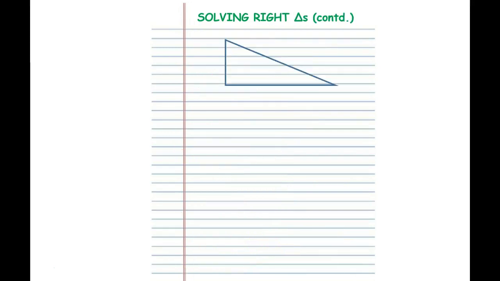All right, and then last, page 85, solving right triangles, continued. I'm going to go ahead and give you triangle RQP. RQ is 3.1. QP is 8.9.